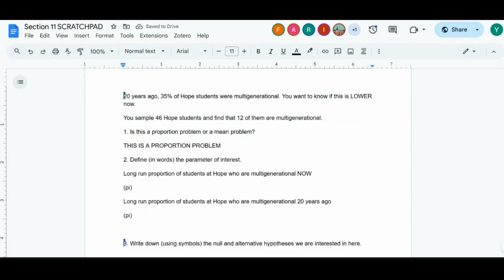I want you to strike through, don't delete, the one that we are not interested in. This is important. Which definition is actually correct? Is it the long run proportion of currently Hope students who are multi-generational now, or is it the long run proportion that were multi-generational 20 years ago? Which is the correct definition of pi, actually? Anyone know what I'm saying? Can you strike through the one that we are not interested in?